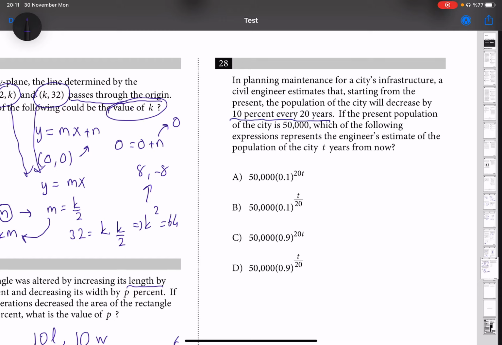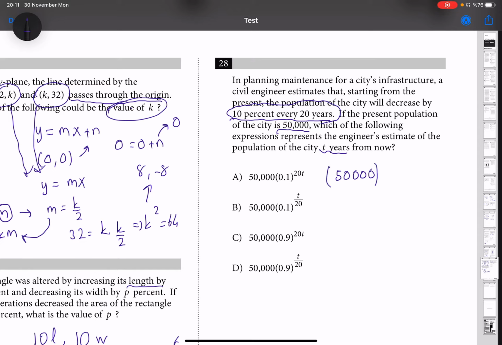If the present population of the city is 50,000, which of the following expressions represents the engineer's estimate of the population of the city t years from now? So we realize that t is in years, but the estimation of the engineer is for 20 years. We should modify it, but in the beginning, I should write 50,000.